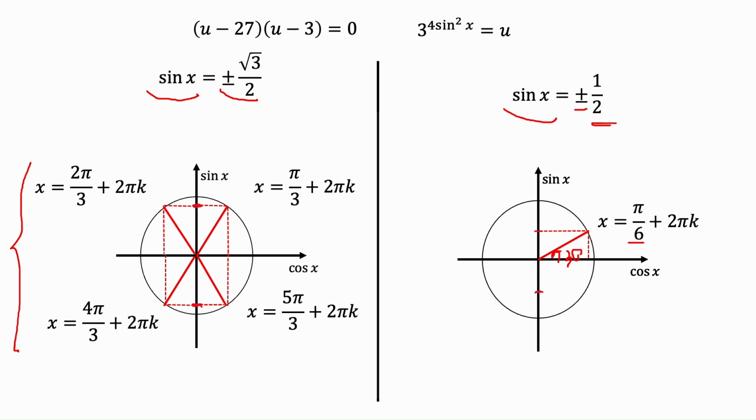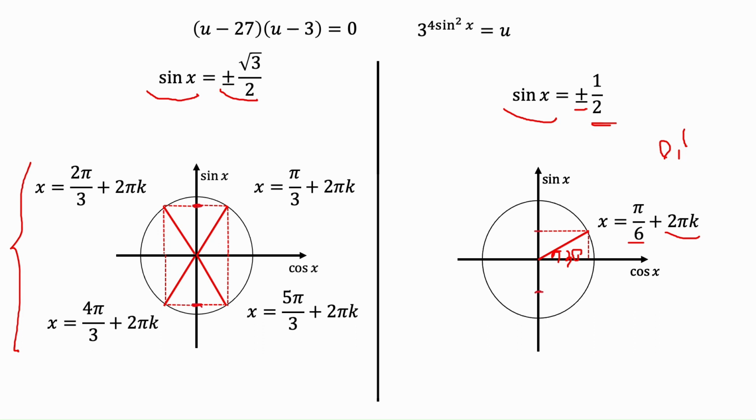And again, as I said before, we will have an infinite number of answers, which is going to be pi over 6 plus 2pk. And k can be any integer. For example, it can be 0, and it's going to be pi over 6. It can be 1, and it's going to be pi over 6 plus 2 pi.